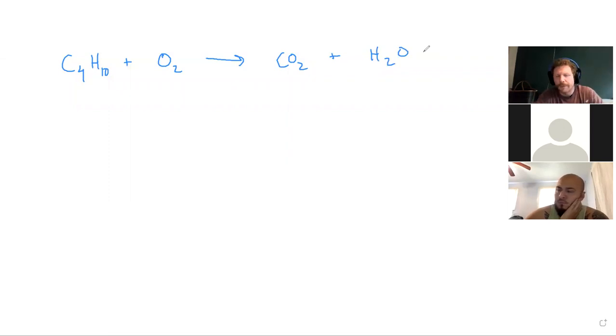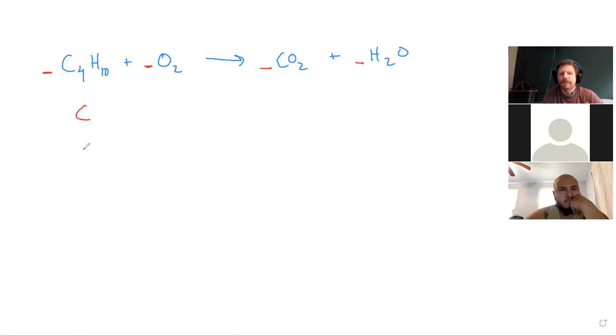Now, the answer options that you're provided with are a bunch of different coefficients. And basically it's asking, what's the number that goes in front of all of these different substances to get this to be a balanced chemical reaction? What we can do is look at this and easily identify everything that's on the reactant side.